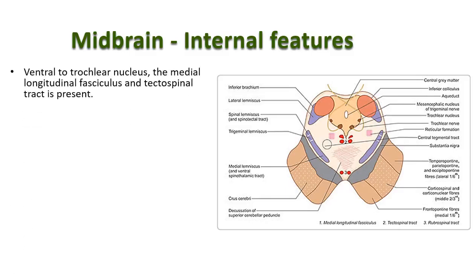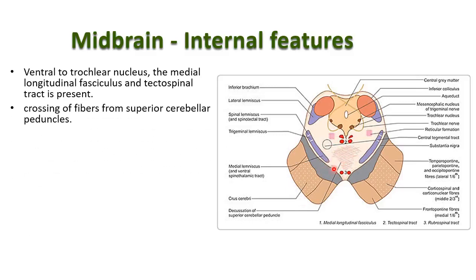Then you see the other tracts, the medial longitudinal fasciculus and the tectospinal tract. And more ventrally you are able to see the decussation or crossing of the superior cerebellar peduncles.